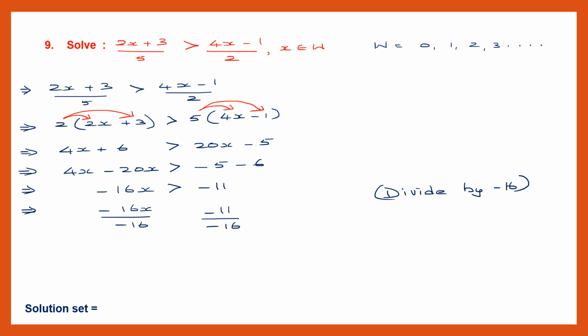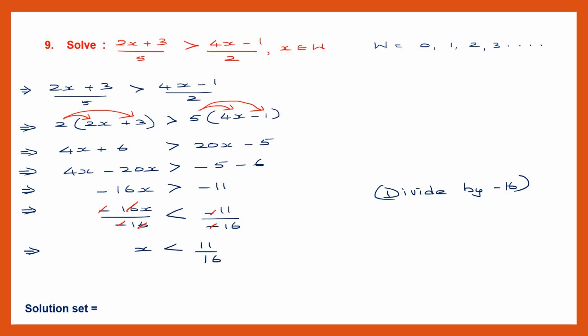Now, remember when we divide by a negative number, our sign will get reversed. So this is now this way. So now let's cancel. Now here, x is less than 11 by 16.